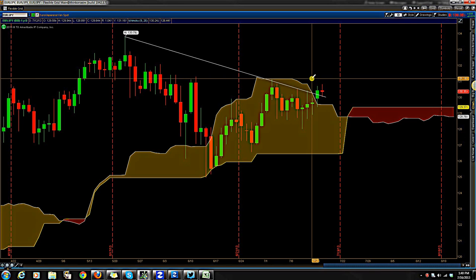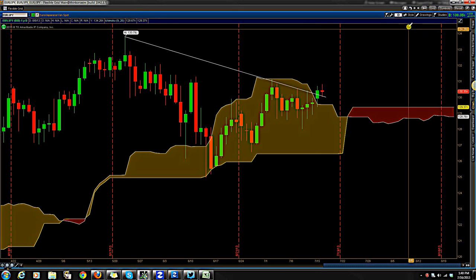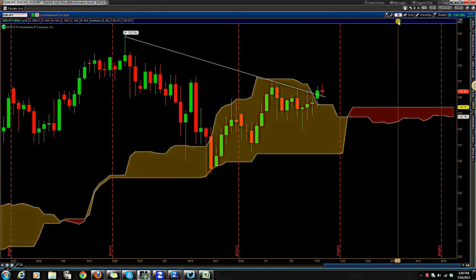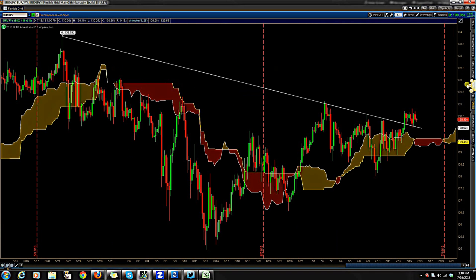A breakout to the side of the cloud is more like a rib cage kind of breakout. It's not really telling us that it's breaking above the resistance level, it's just breaking next to it. So we want to see price ideally come above the 131 level for euro yen. But still, big fan of the setup.